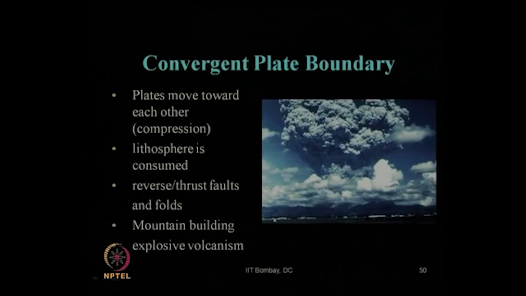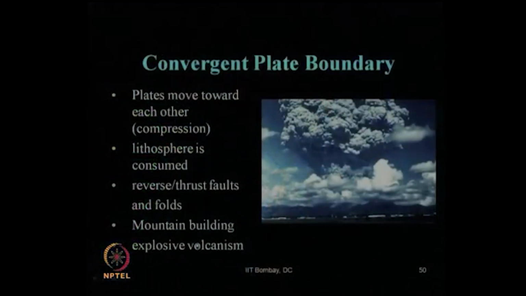Mountain builds up, because when two plates slide and converge with respect to each other and one goes below, another goes up, they create a pressure between them, and automatically whatever is inside tries to lift up, that creates the formation of mountains. So, that is why mountain building occurs in this convergent plate boundary, and it creates explosive volcanism.